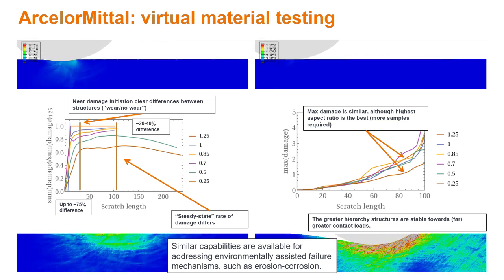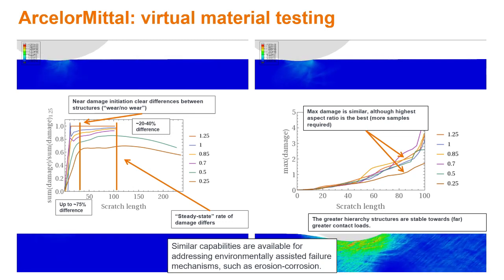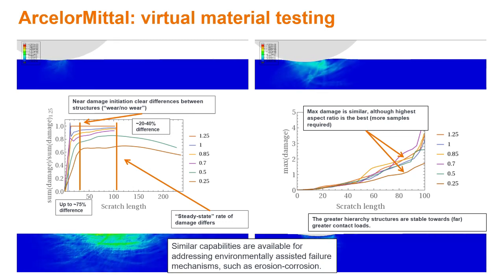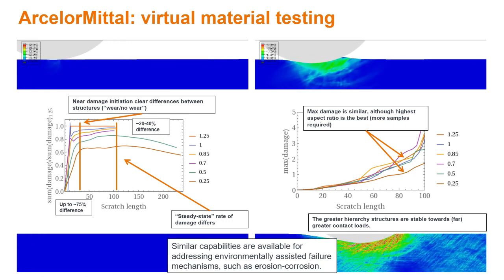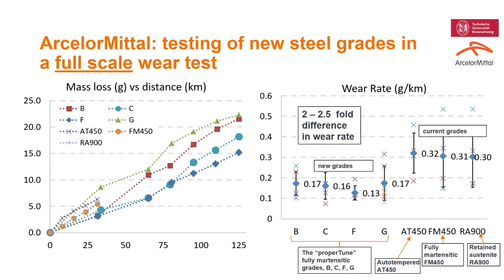We have similar capabilities for addressing environmentally assisted failures, such as corrosion. And we can compare the mass loss versus distance in a full-scale test. On the left side, we see that the BCFG are the new steel grades, while the rest were the old ones.